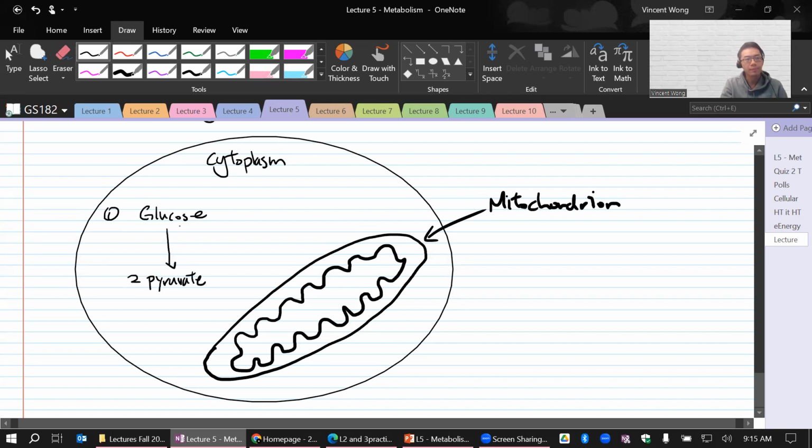More on that later, but essentially that's what happens. You split the glucose molecule into 2 molecules of pyruvate. These 2 molecules of pyruvate will go into that part of the mitochondria. Does anybody remember what we call the inside of the mitochondria?